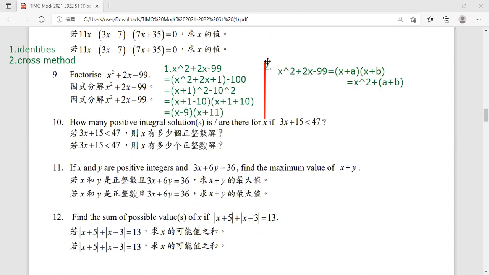So you will find that a plus b is the coefficient.